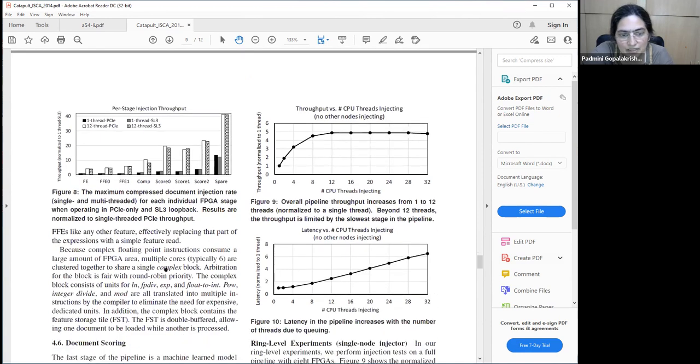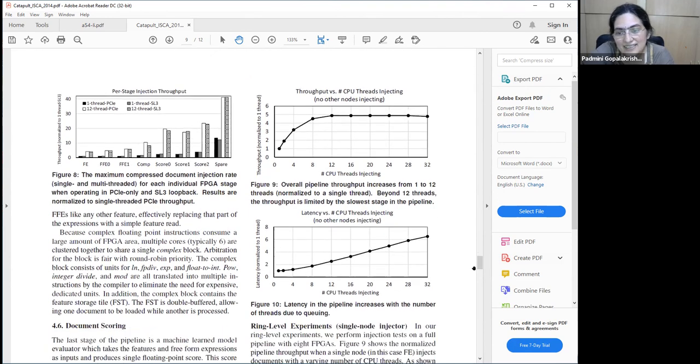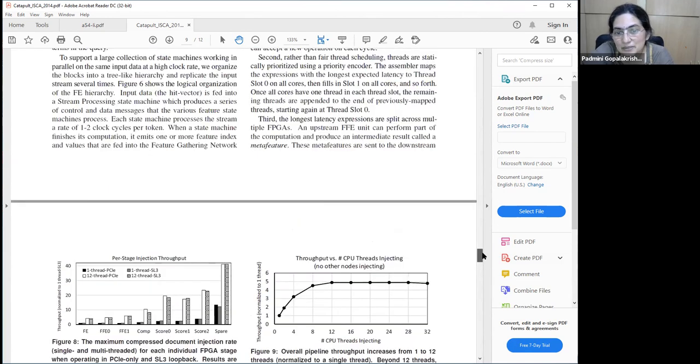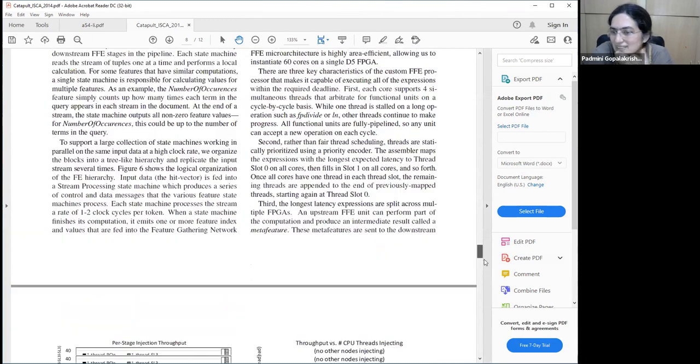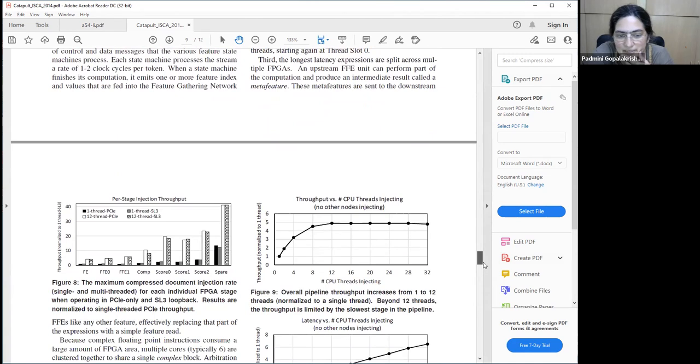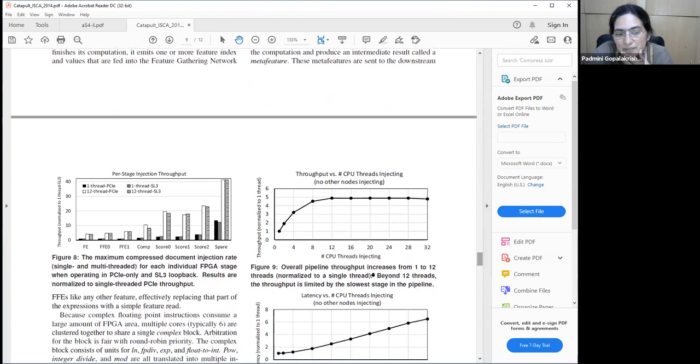Okay. So the other factor here that they have to consider is that many of these operations are floating point operations. Floating point, as I mentioned to some of the groups that I talked to, is expensive on an FPGA. It takes a large amount of area.